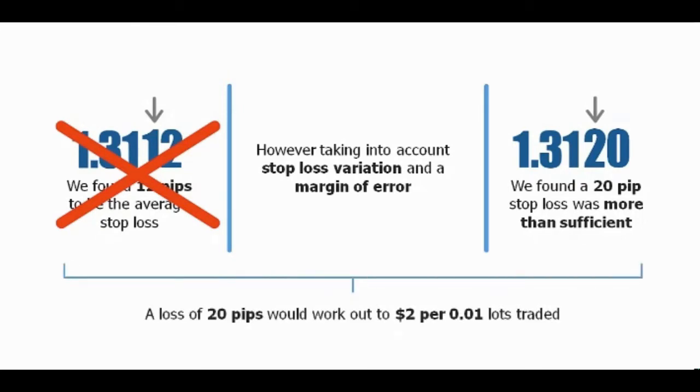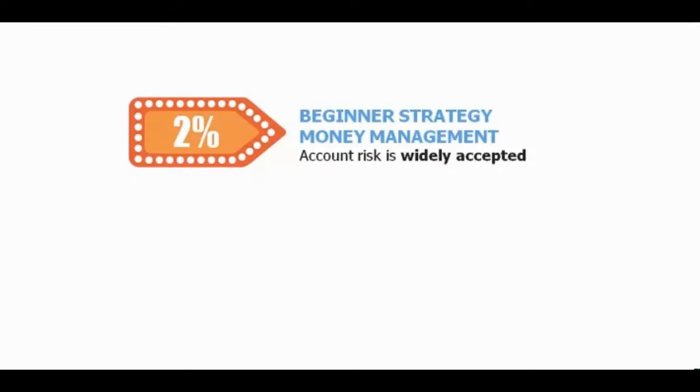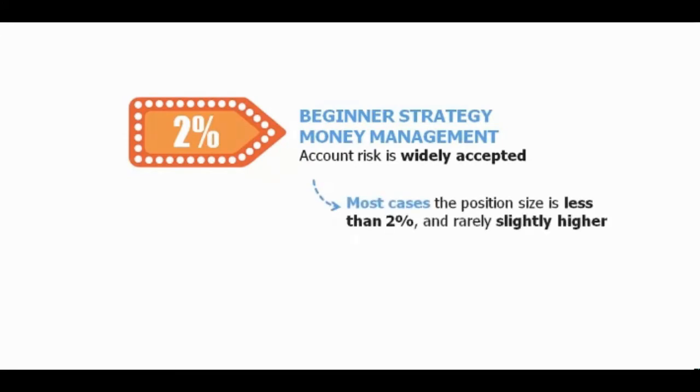Looking at the maths, a loss of 20 pips would work out at $2 per 0.01 lots traded. So, if you had $100 in your account, you would take a loss of no more than 2% on a single trade. The beginner strategy money management rule is rather cautious when comparing it to the 2% account risk that is widely accepted. In most cases, the position size is less than 2% and rarely slightly higher.